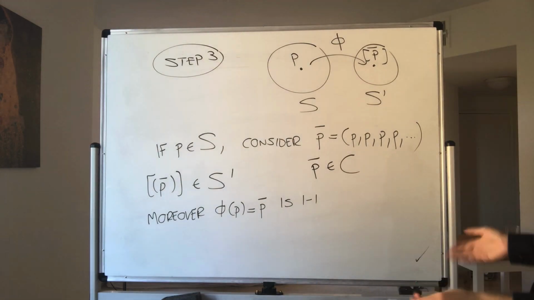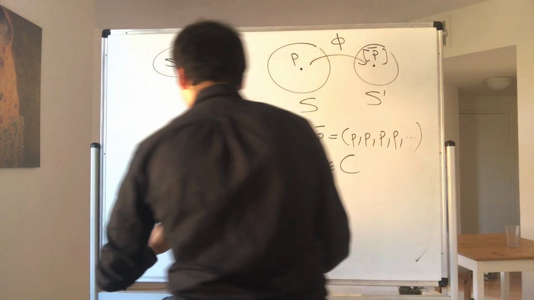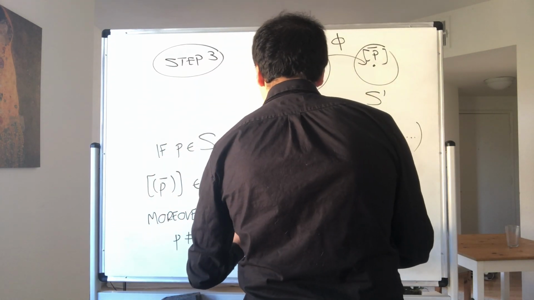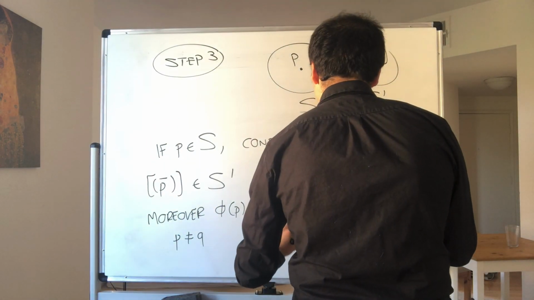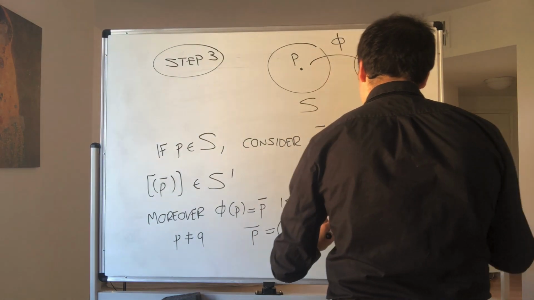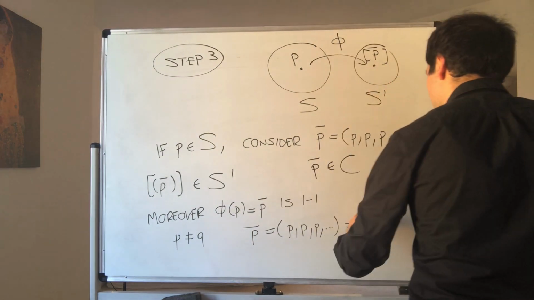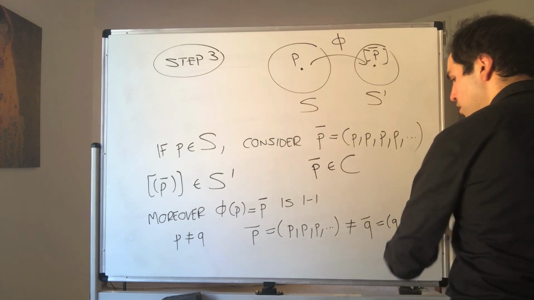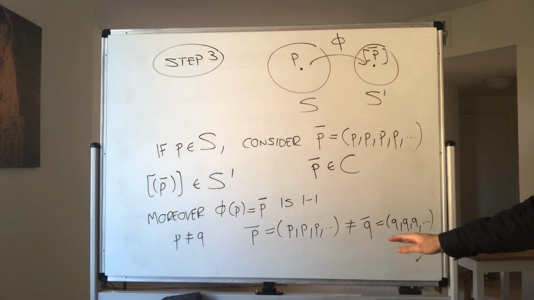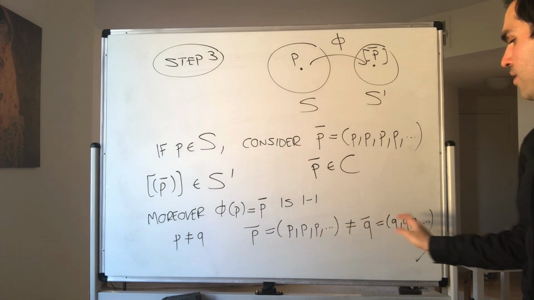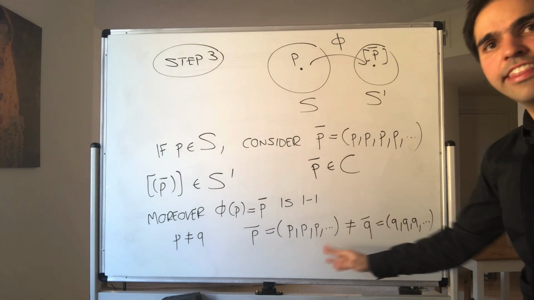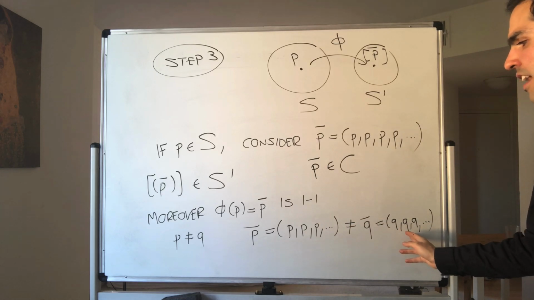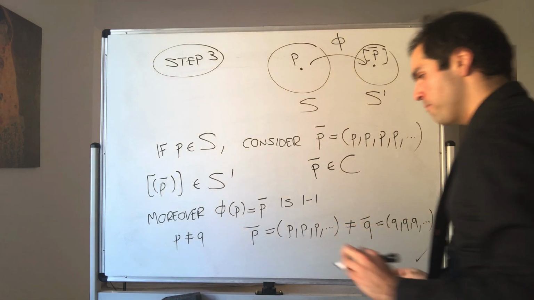And that's because, you see, if P is not equal to Q, then of course P bar, which is P, P, P, P, P, is not equal to Q bar, which is Q, Q, Q, Q, Q. But not only that, if you take the difference between the nth term of the sequence here and the nth term of the sequence here, then it can never go to 0.